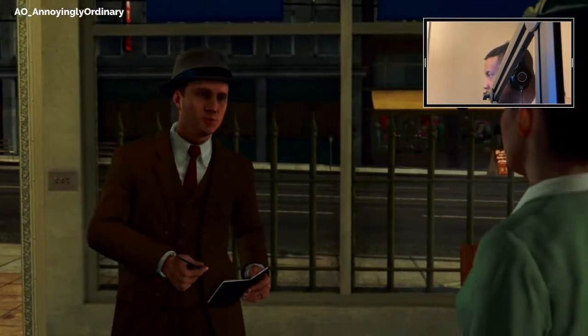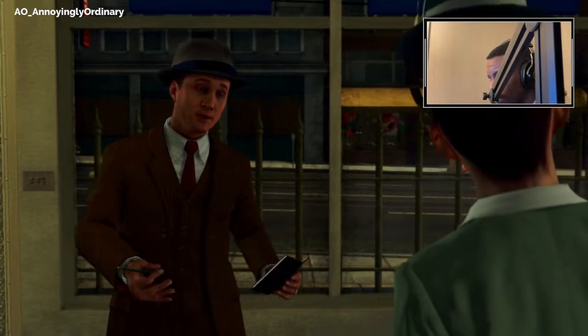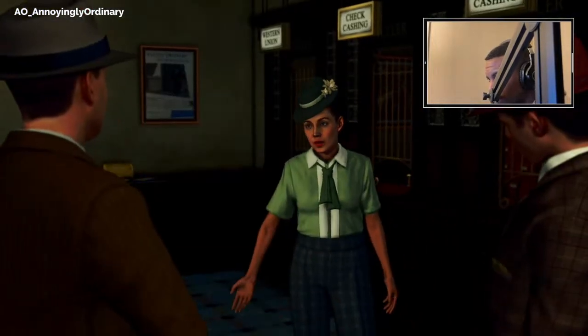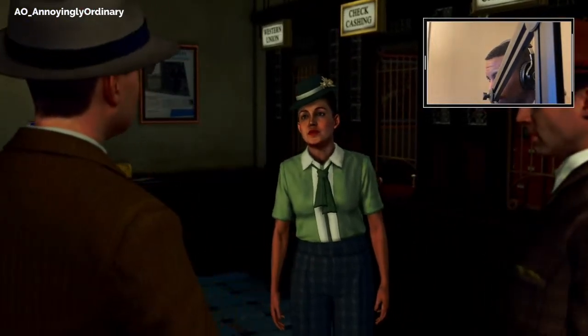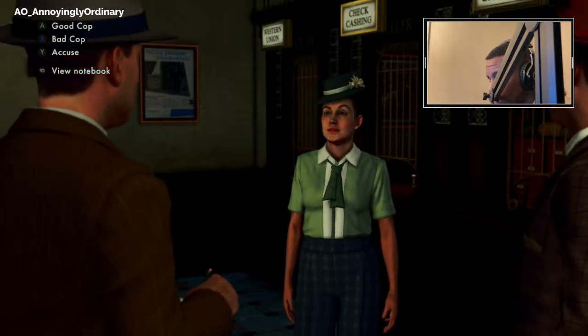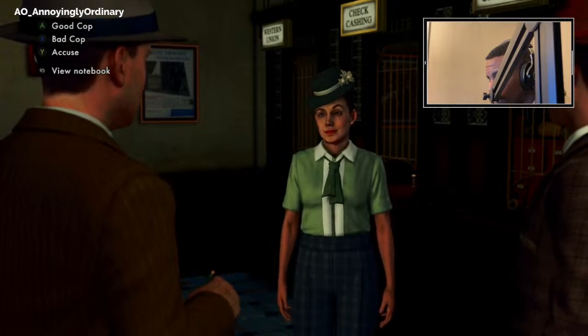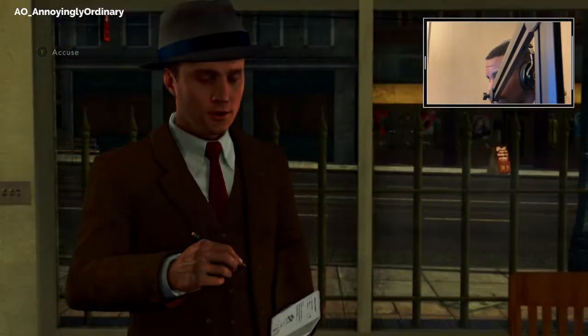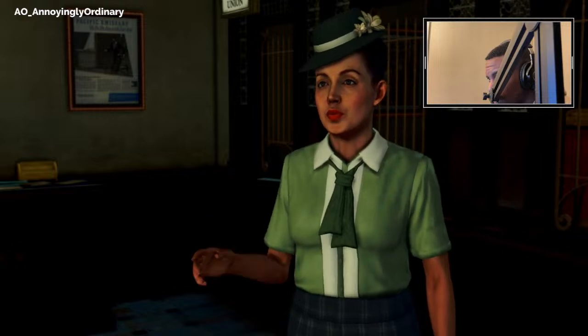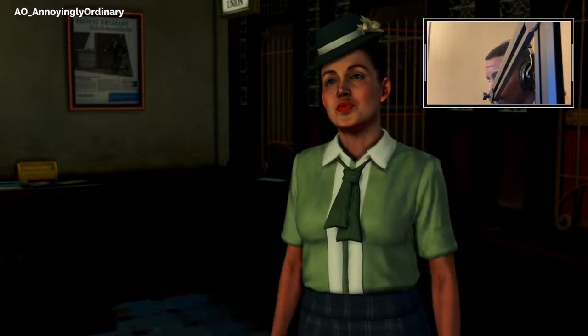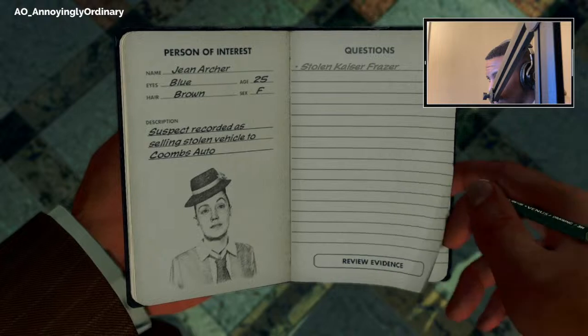The car you sold to Coombs was stolen, Miss Archer. Yeah. There won't be any money. I handed over all the right paperwork when I sold it, Buster. You're lying, Jean. You want to prove that, Buster? Try and prove that pink slip is not real.